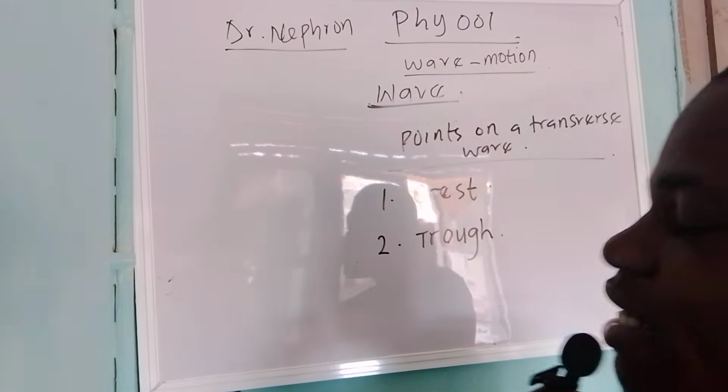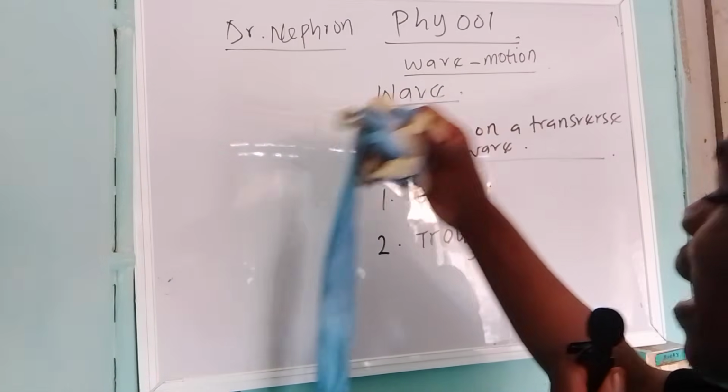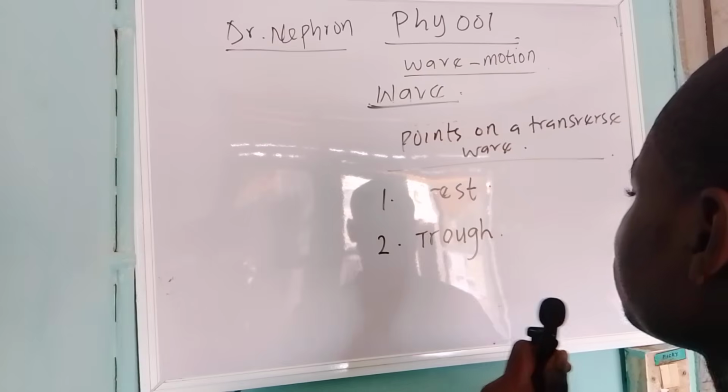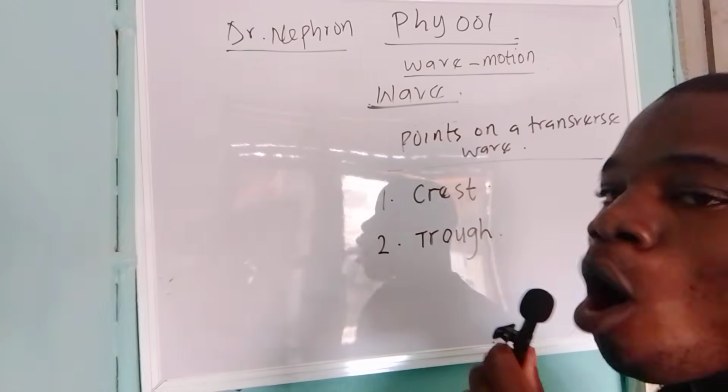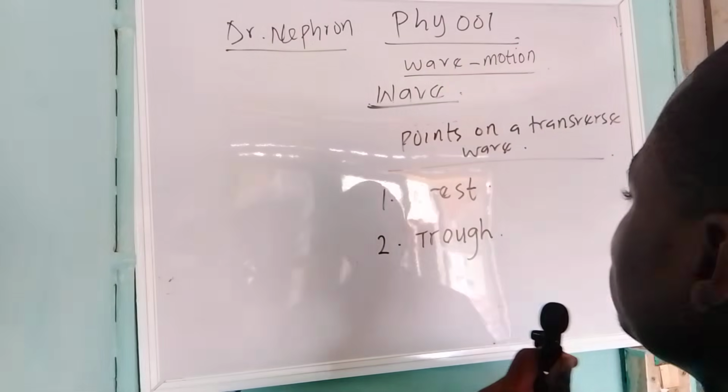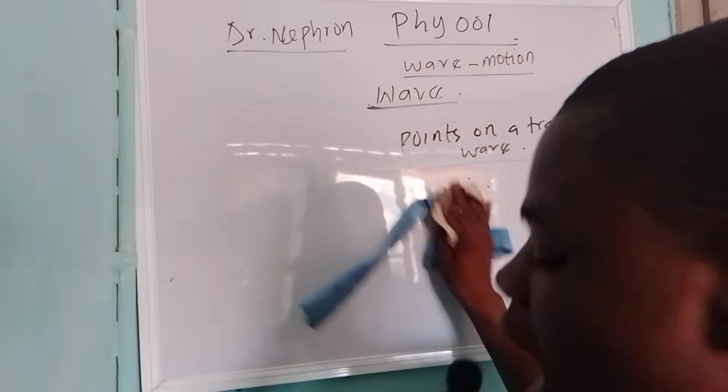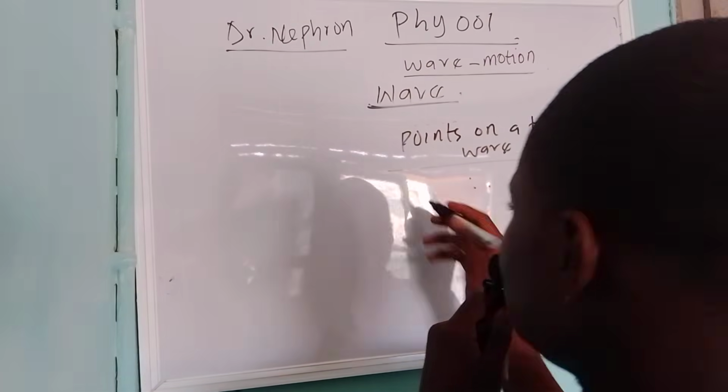Now, what is a crest? A crest is a maximum point. The crest can be defined as the maximum upward displacement.